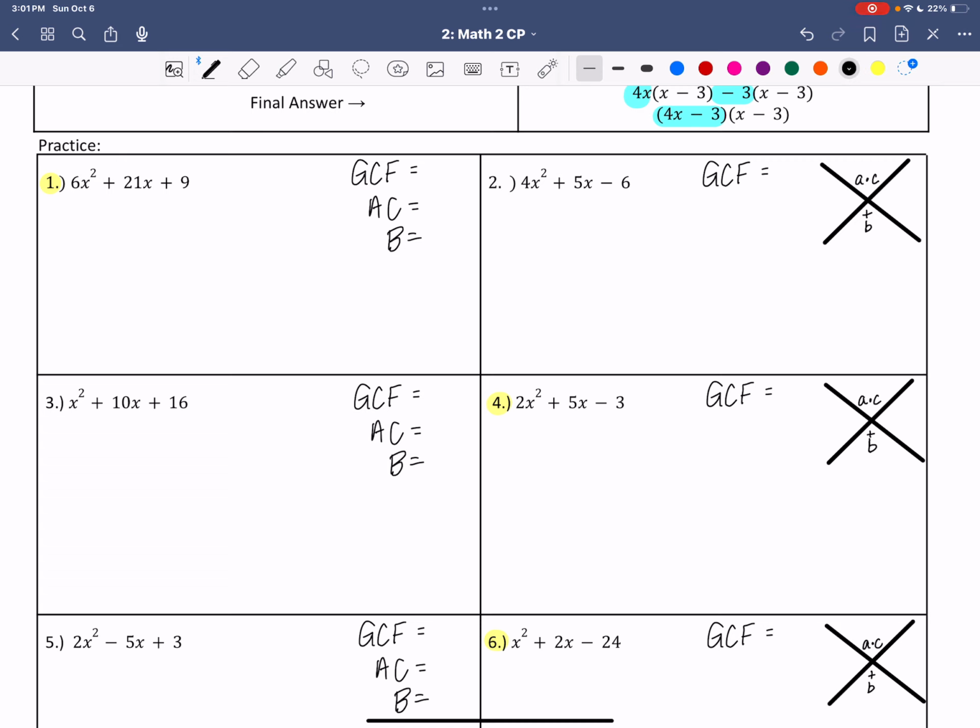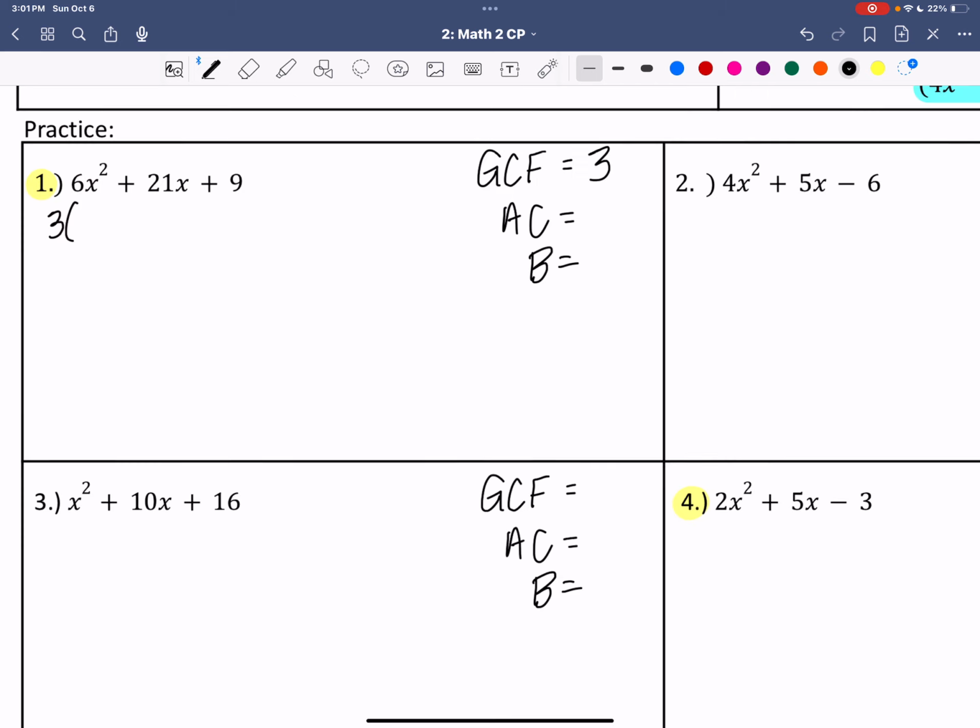So let's get started with number 1. Is there a GCF? I've got 6x, 21x, and 9. Well, yeah, they all have 3 in common. So my GCF is 3. So I'm going to go ahead and factor out a 3 for each term.